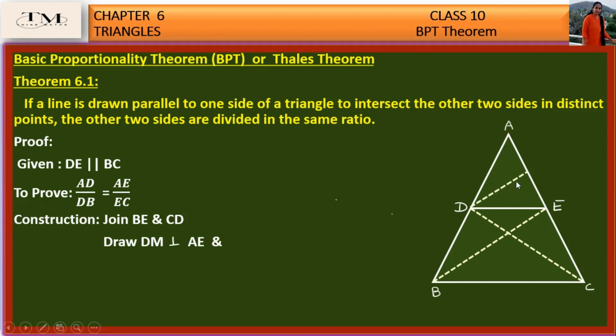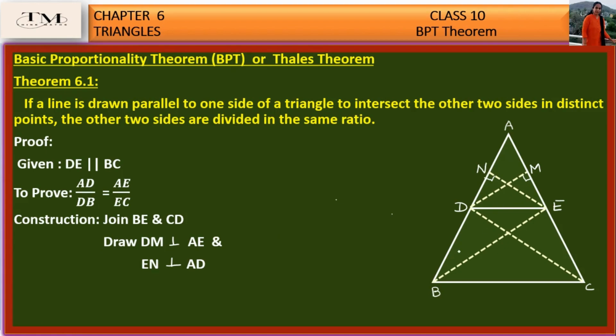This is the perpendicular drawn, DM perpendicular to AE. Another perpendicular is EN perpendicular to AD. This is the perpendicular and this is N. So, we have constructed all the lines we need to prove the theorem.